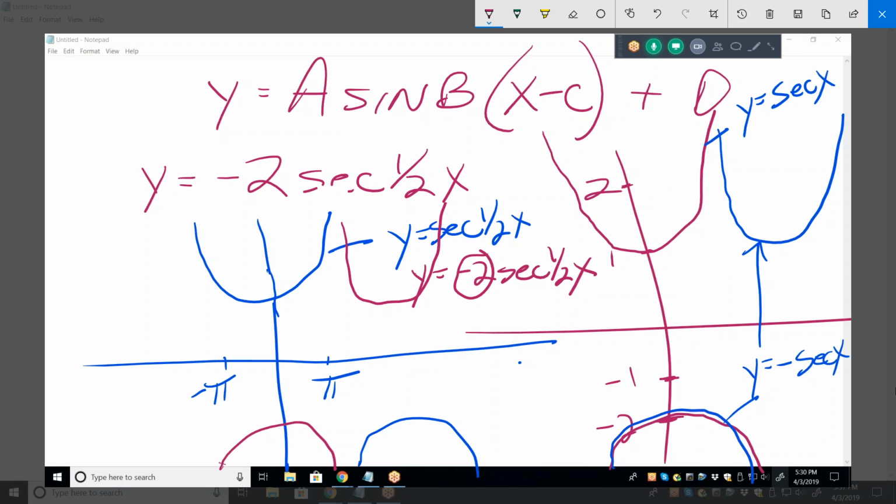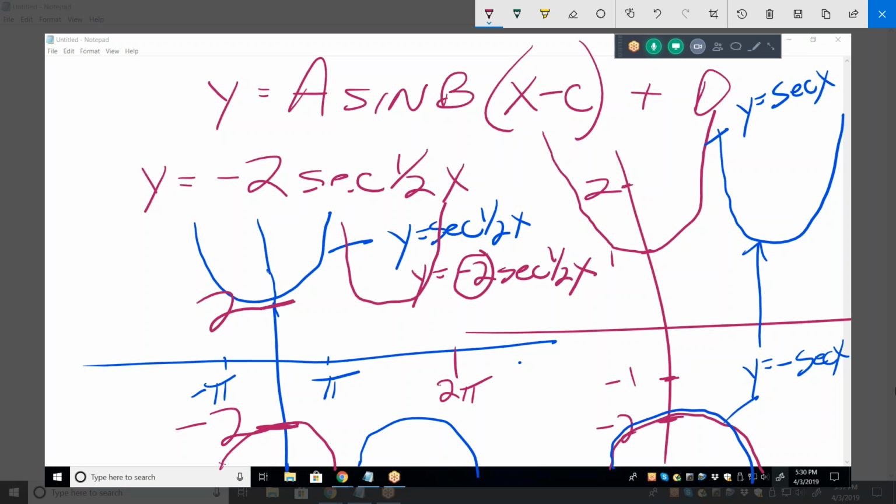That's it reflected. You with me? Yep. And changing the amplitude makes that go from 2 to -2 instead of from 1 to -1. So the red curve is the correct answer.